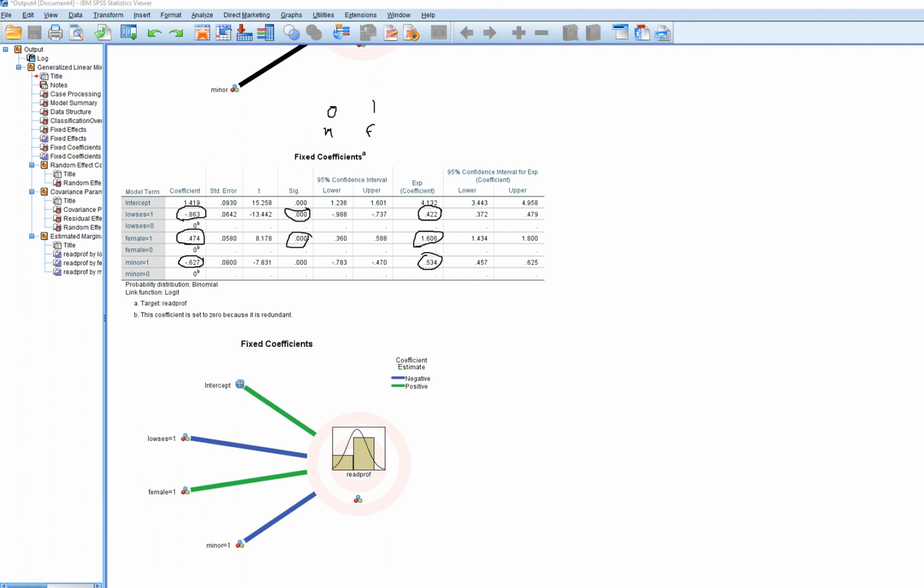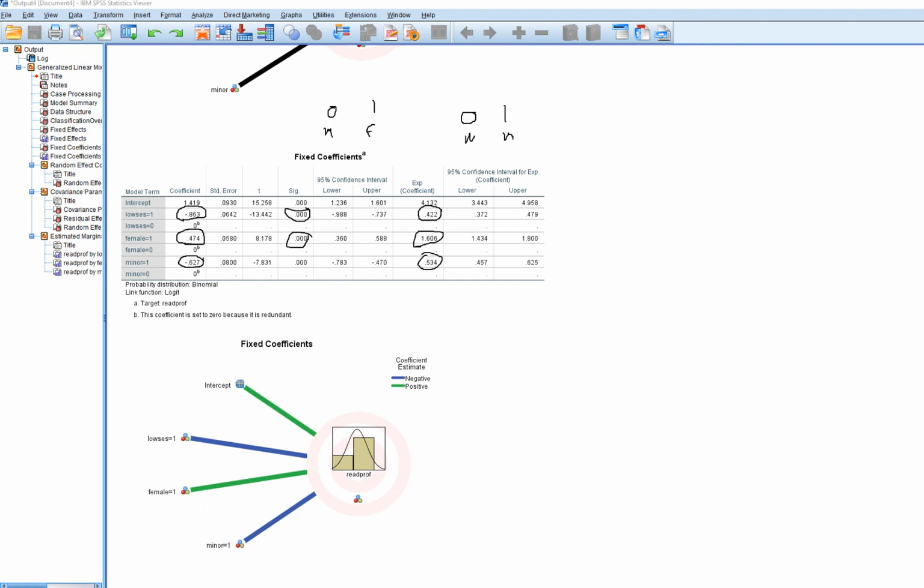Then when we look at minority status, you can see we have a negative coefficient here, and this value is less than 1. And what that's telling us, thinking about the coding of 0 being non-minority and 1 being minority, is that students who were identified as being of a minority status were less likely to also be identified as being reading proficient.